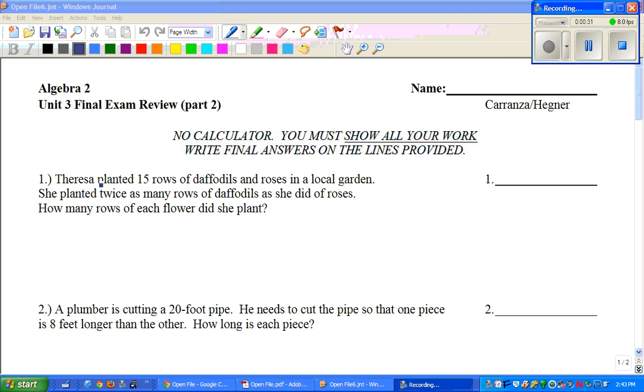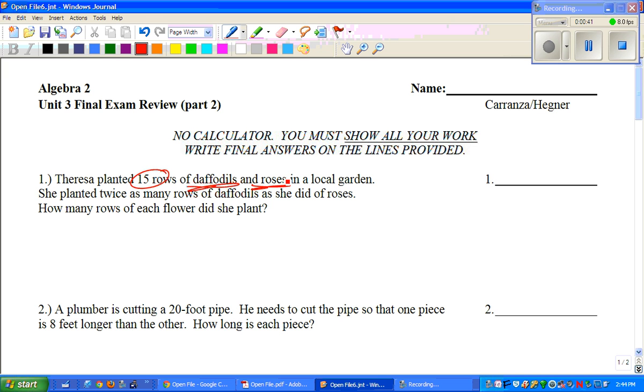It says, Teresa planted 15 rows of daffodils and roses in a local garden. She planted twice as many rows of daffodils as she did roses. How many of each flower did she plant?